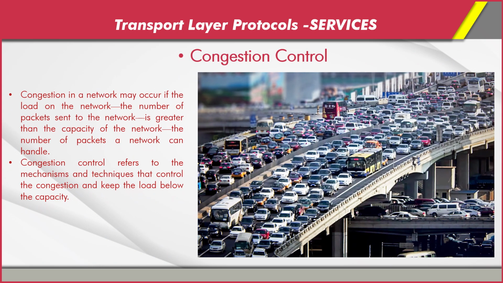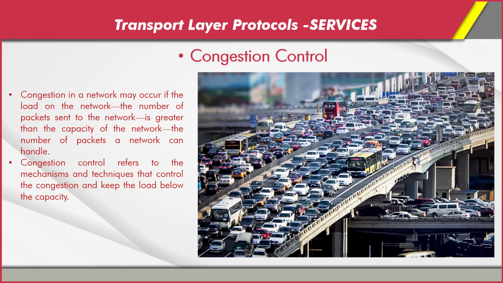An important issue in a packet switched network such as the internet is congestion. Congestion in a network may occur if the load on the network, the number of packets sent to the network, is greater than the capacity of the network, that is, the number of packets the network can handle. Congestion control refers to the mechanisms and techniques that control the congestion and keep the load below the capacity.